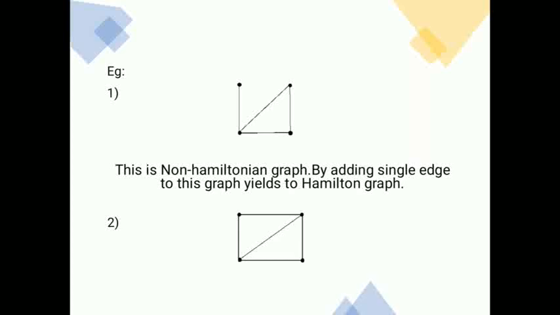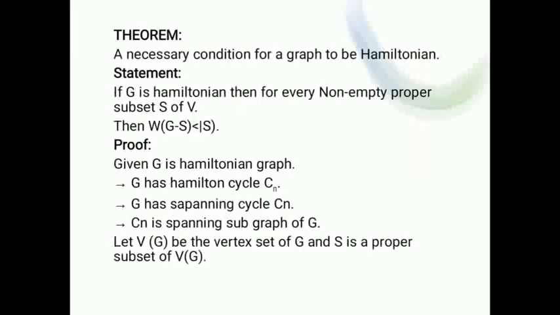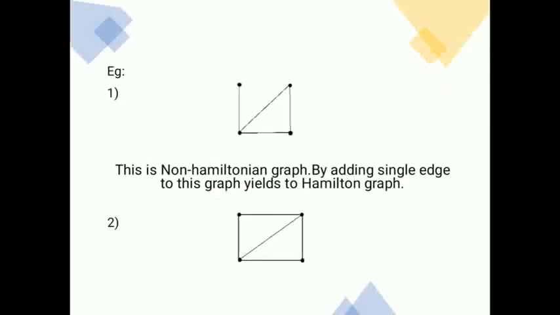The first example is a non-Hamiltonian graph. Adding a single edge to this graph will yield a Hamiltonian graph. The next is an example. In this graph also, this forms a Hamiltonian path, so it is not a non-Hamiltonian graph.